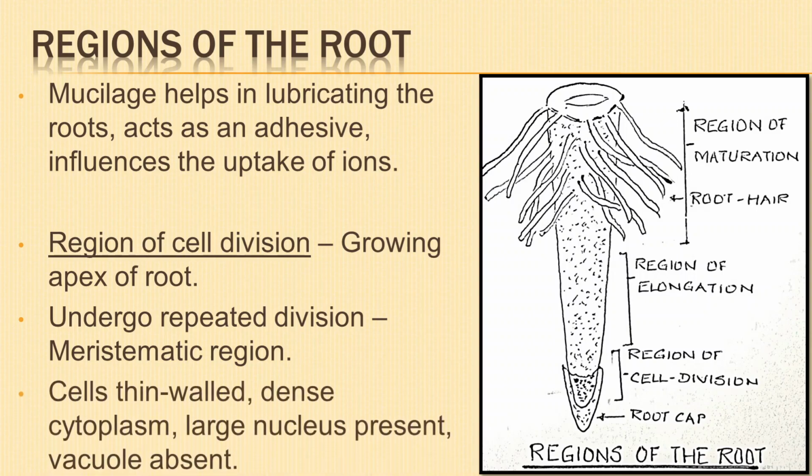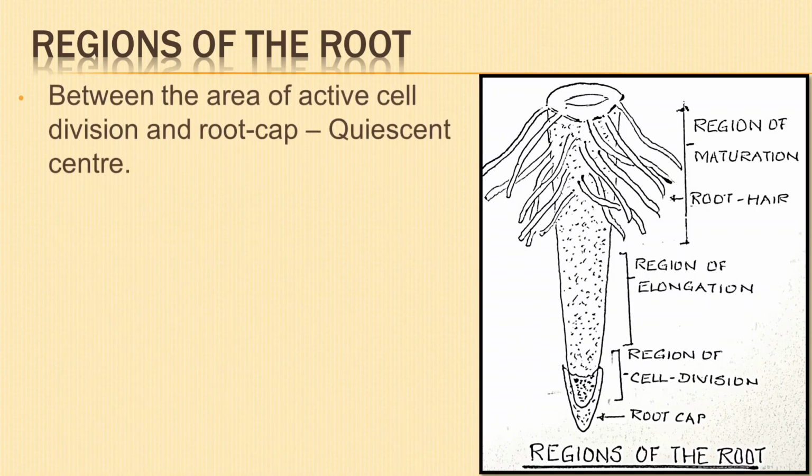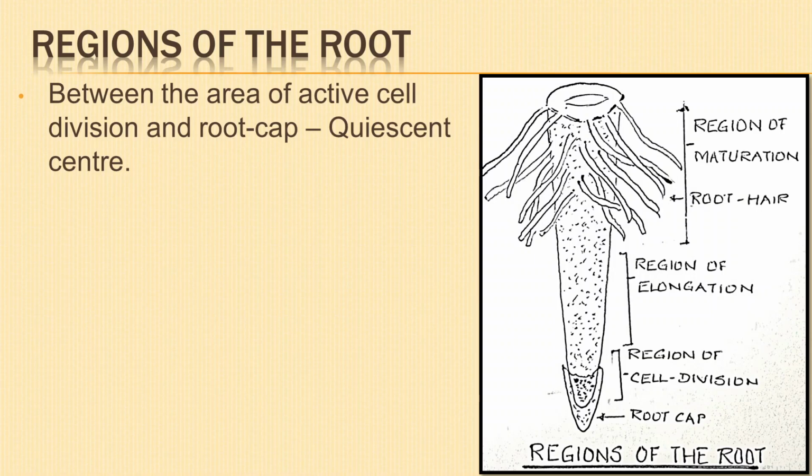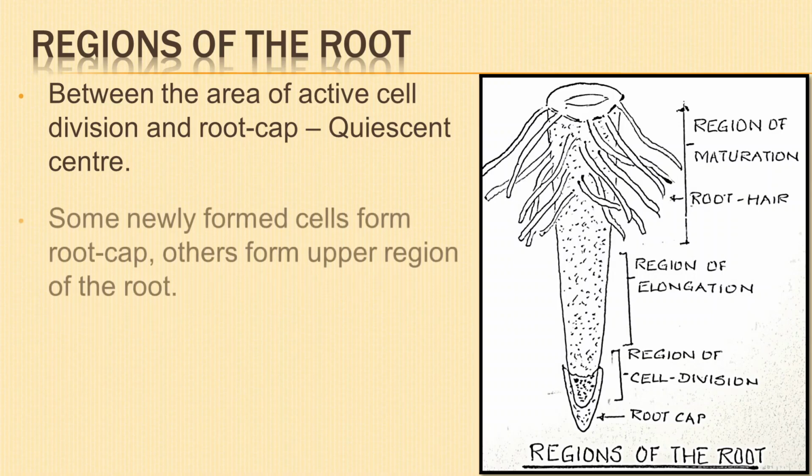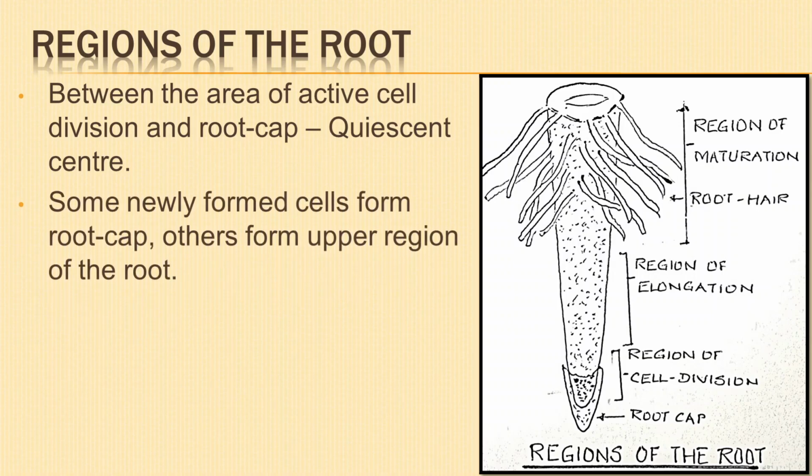The cells are thin-walled, with dense cytoplasm, large nucleus, and devoid of vacuoles. Between the area of active cell division and the root cap, the cells divide more slowly. It is called the quiescent center. Some of the newly formed cells form the root cap and others form the upper region of the root.